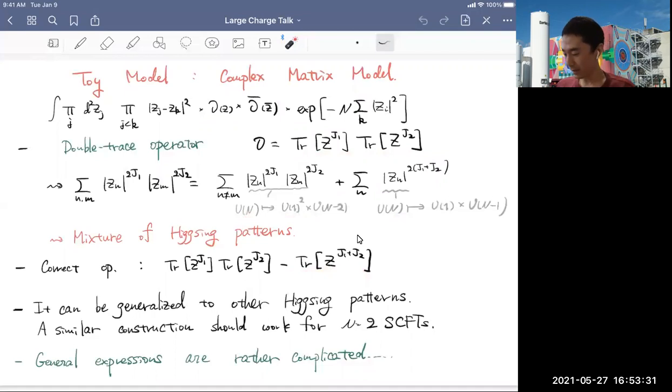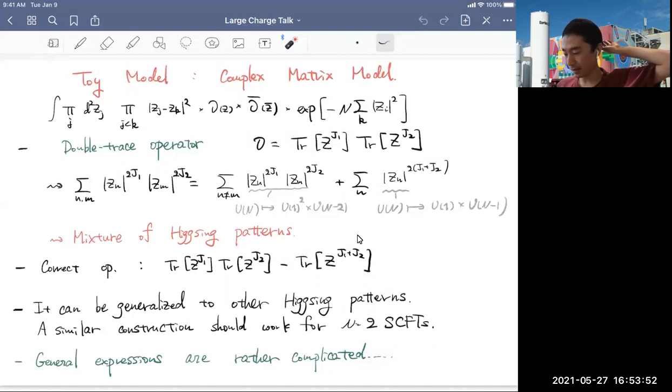This analysis can be generalized to other Higgsing patterns. Although I used a very simple complex matrix model, this can be made a bit more rigorous for N=4 super Yang-Mills, because things can reduce to a one-dimensional matrix model, matrix quantum mechanics, sorry.